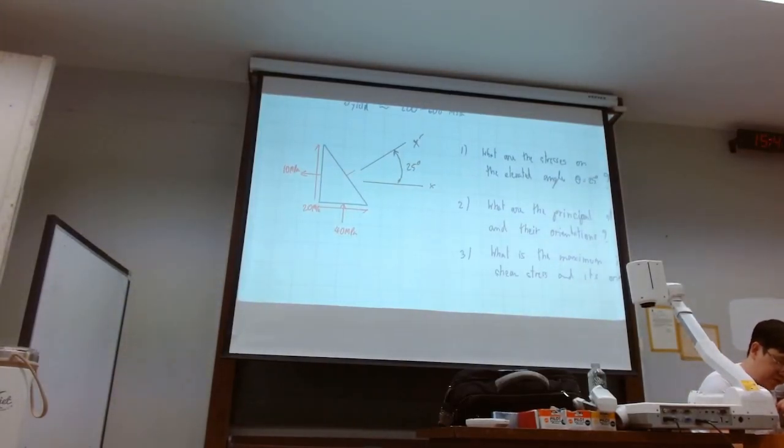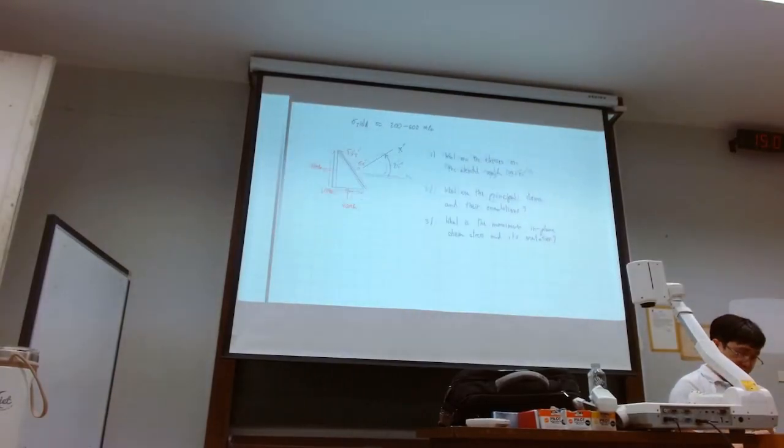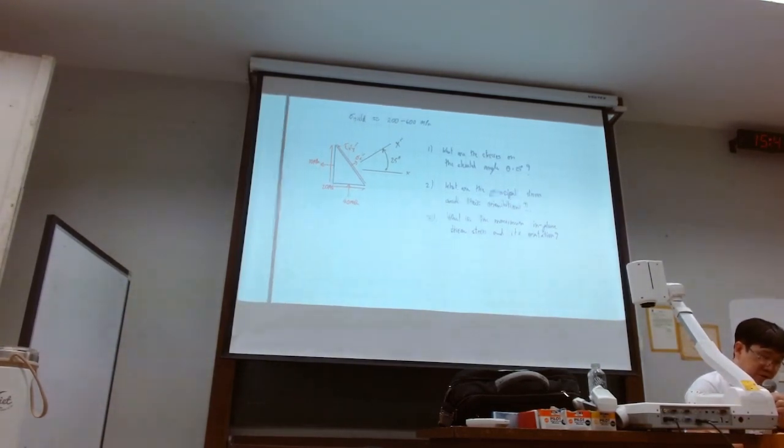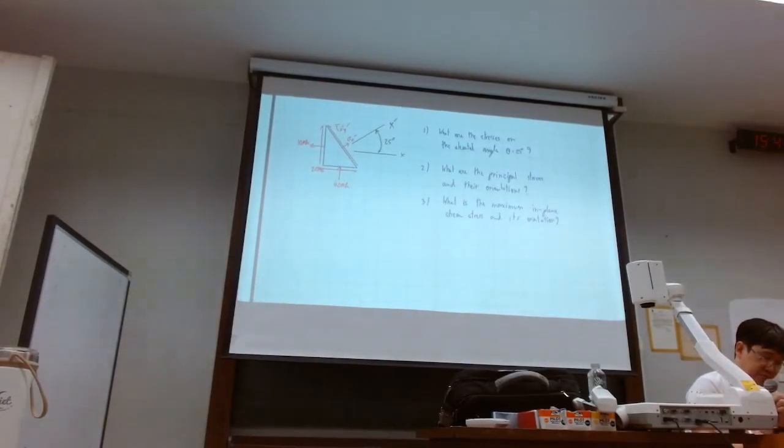So again, this is sigma x prime that we need to find. We also need to find this tau x prime y prime. So the triangle on the picture should help you find number one very quickly. Number two and three is just doing the substitution and all.